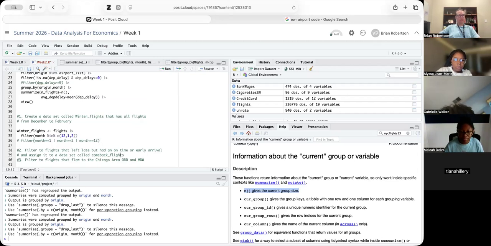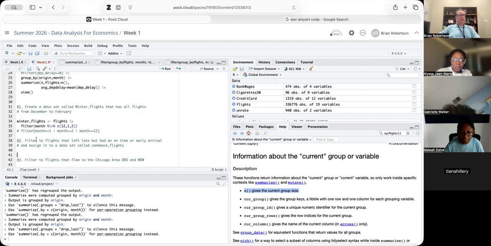Let's look at the second one here. Filter flights that left late but had an on-time or early arrival, and assign it to a data set called comeback flights. So we'll do this one together. Comeback flights, and filter flights that left late but had an on-time or early arrival.